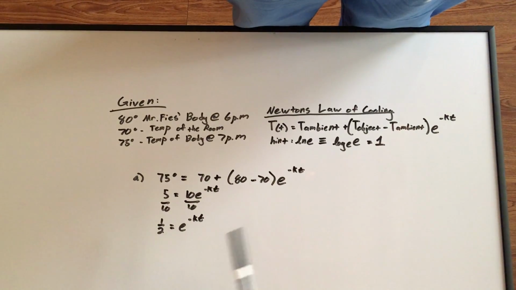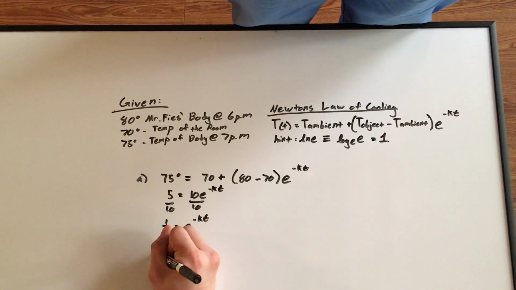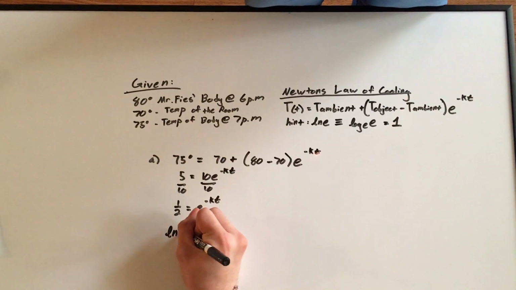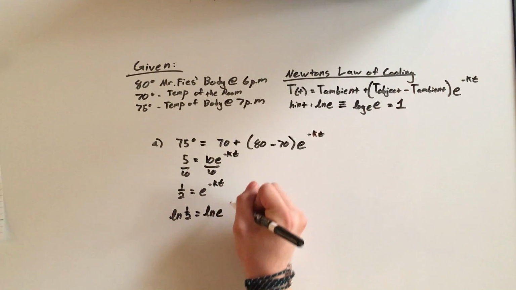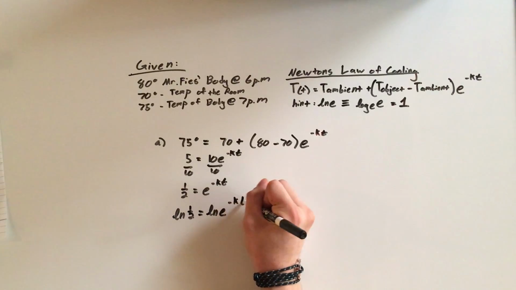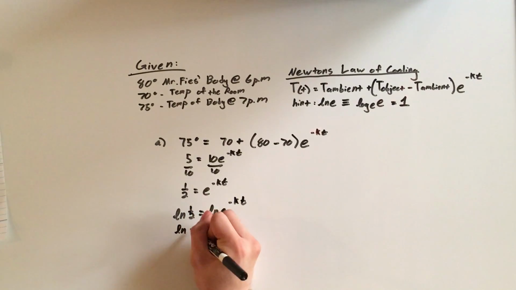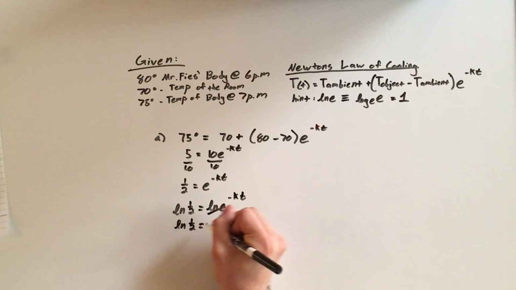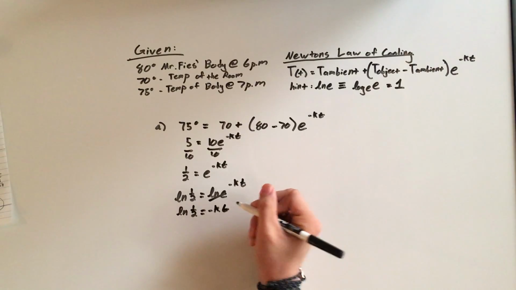So when we're lnning an e, we're canceling them essentially. So ln of 1/2 is equivalent to ln of e^(-kt). These cancel. We get ln of 1/2 is equal to negative kt.